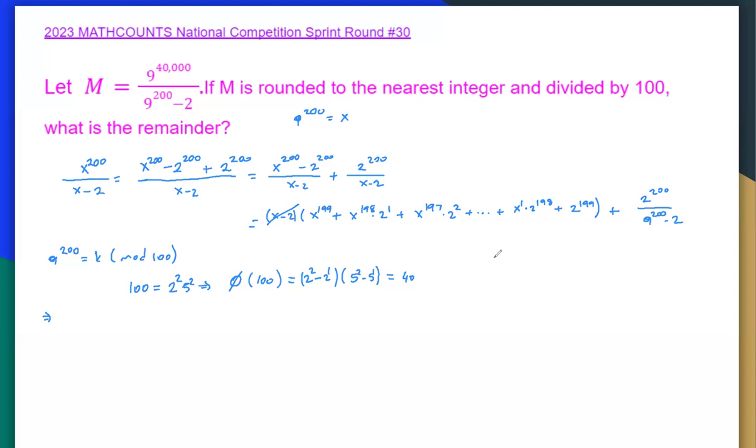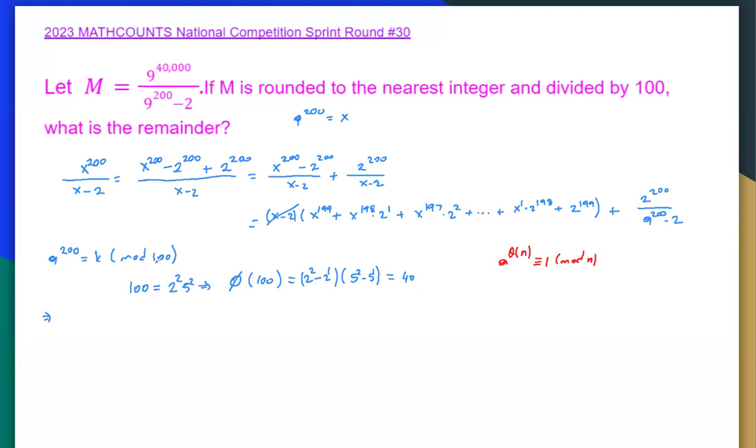If there is a to the Euler's function of n, let's call this n, this is going to be congruent to 1 when you take mod n, if a and n are relatively prime.